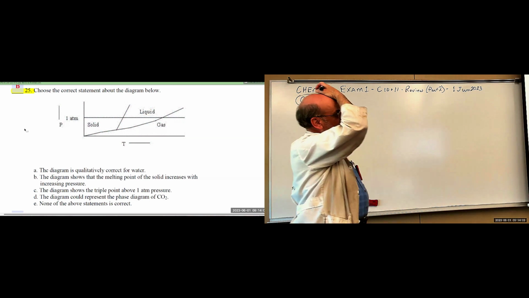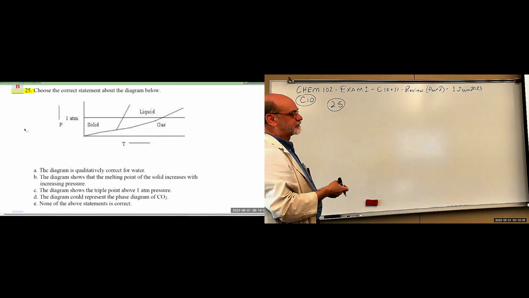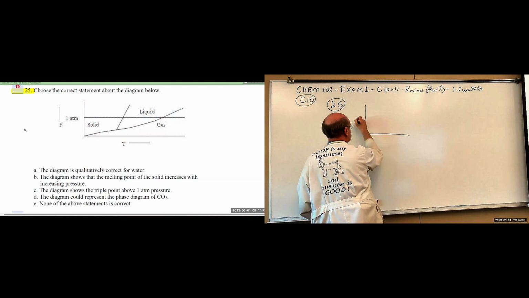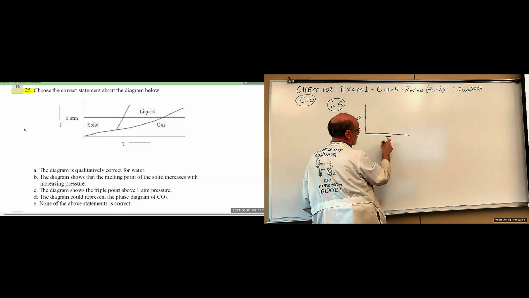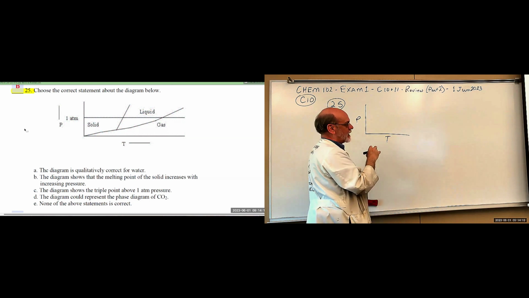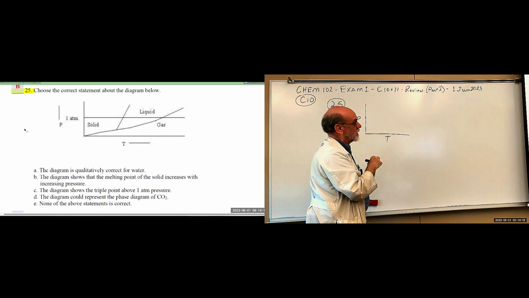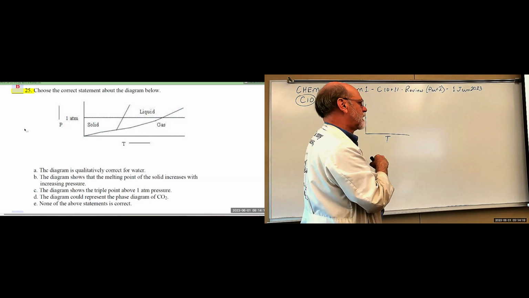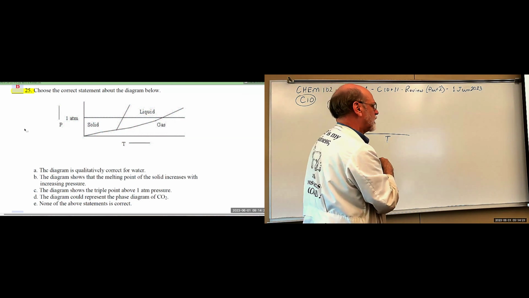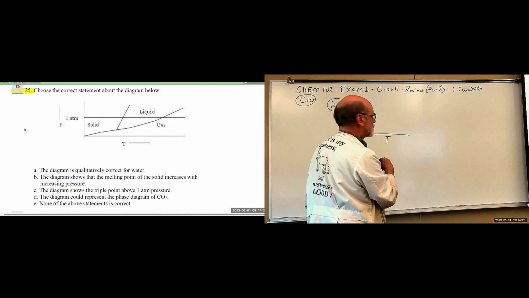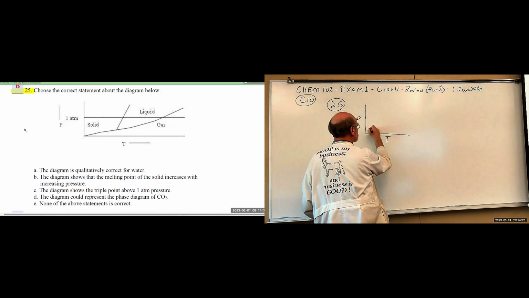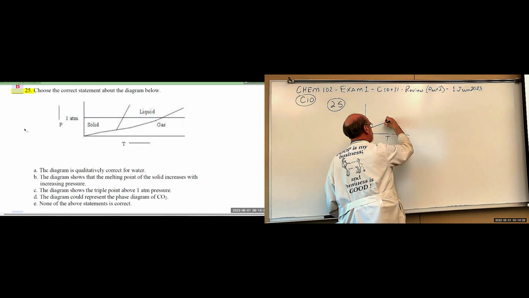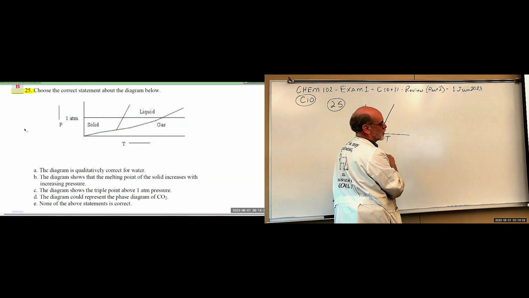All right, you'll recognize this as a phase diagram, right? Where you have pressure on the y-axis, temperature on the x-axis. And let's see, all right, I think we're going to go up to here. And then this line has a positive slope.